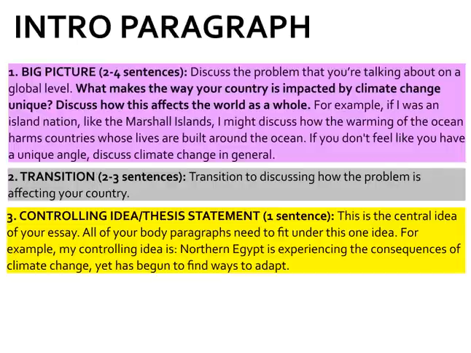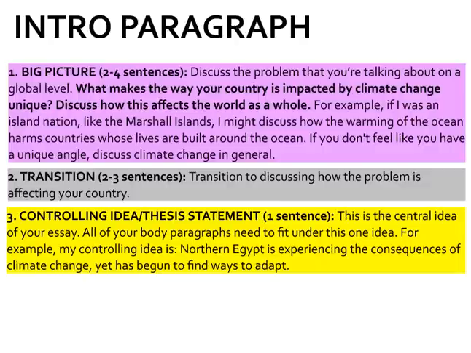I want you to ask yourself, what makes the way that my country is impacted by climate change unique? When you look at your 3 body paragraphs, is there a theme that runs throughout all 3? For example, when I look at my 3 body paragraphs about how climate change impacts Egypt, one thing that I notice is that all 3 body paragraphs are discussing natural resources and how climate change gets in the way of Egypt's access to those natural resources.